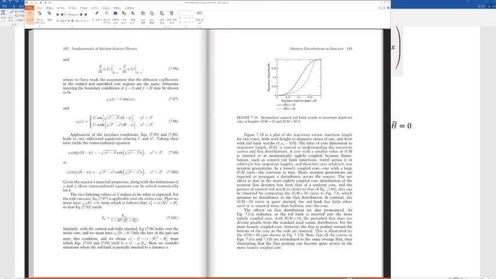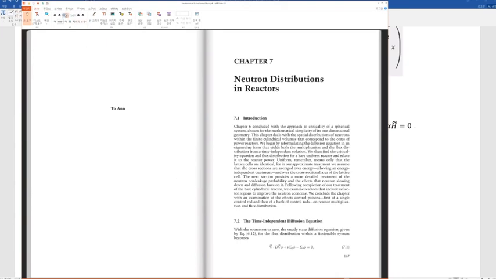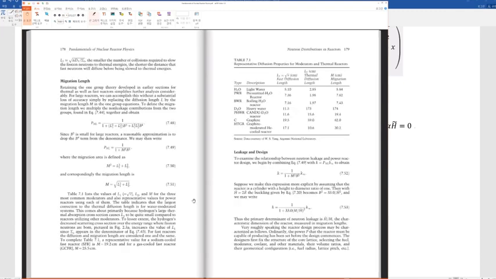In 7.49, the non-leakage probability is given as 1 over 1 plus M squared B squared. Of course, B squared equals B_R squared plus B_G squared.